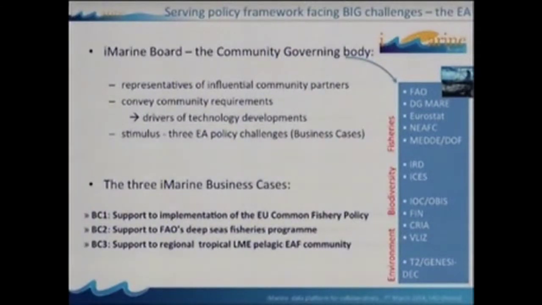And you can see that in order to address the challenge of the ecosystem approach and how to support that challenge, we brought together influential actors on the global scene and European scene across different domains: the fisheries domain, the biodiversity domain, and the marine environmental domain.